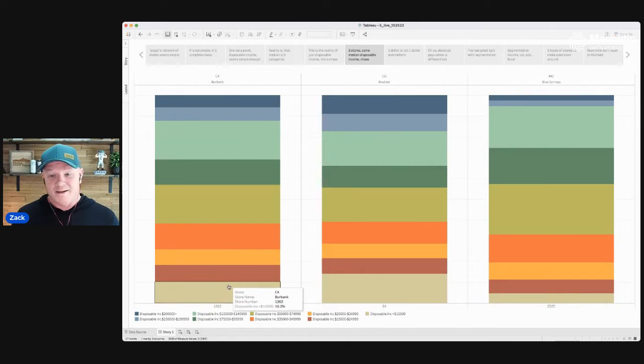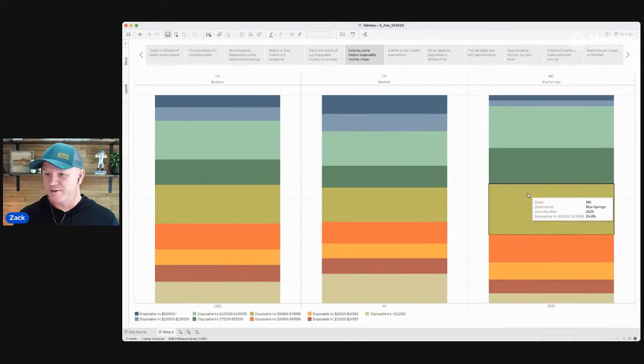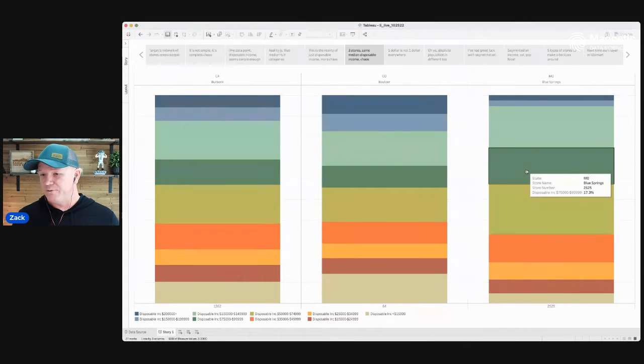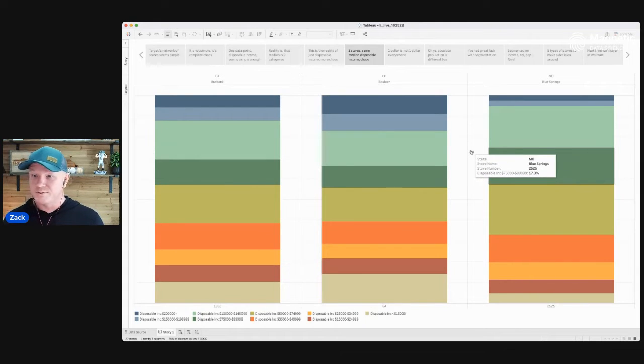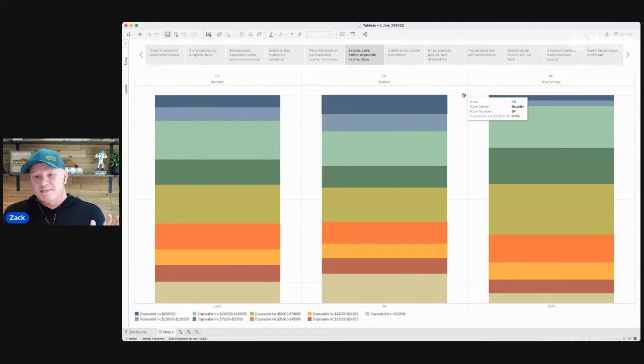And you've got, again, almost 20% in this super low income bracket. That's not the same for Blue Springs, right? Blue Springs is much more centered between the $50,000 to $100,000 range. We've got to treat these stores differently, right? It's going to depend on what we're trying to do, but I would look at these 2 stores differently.